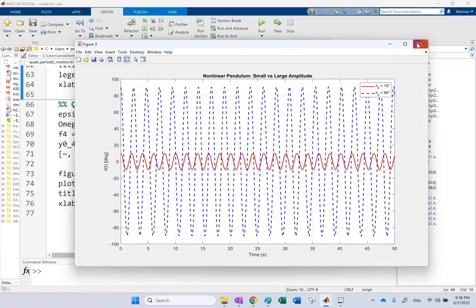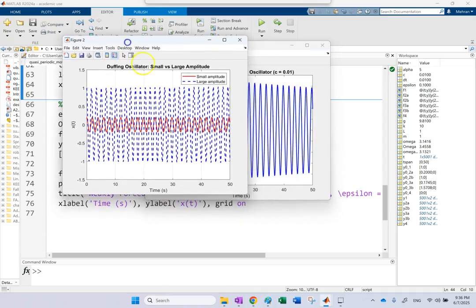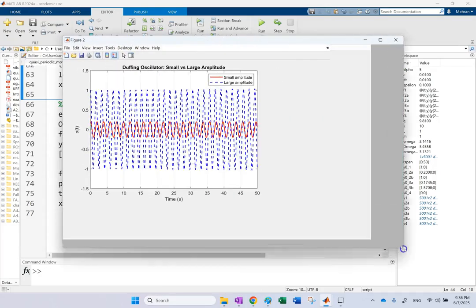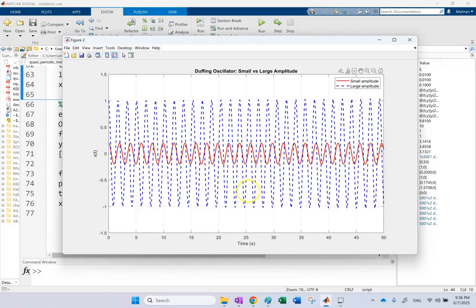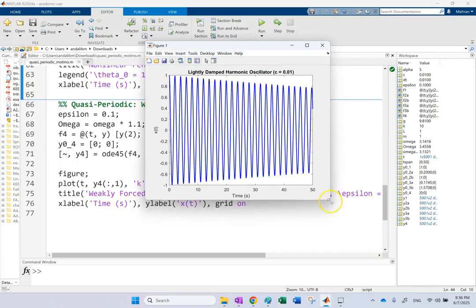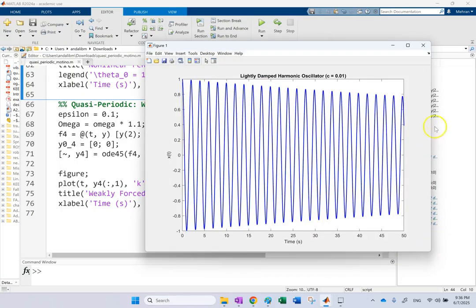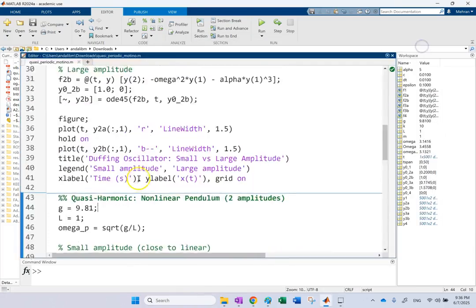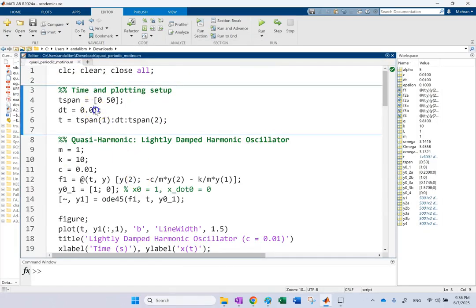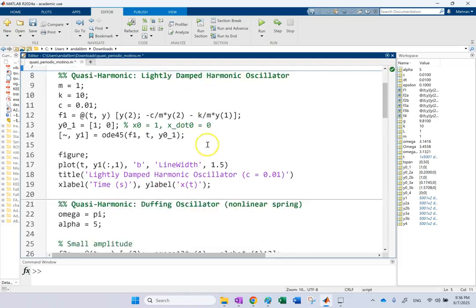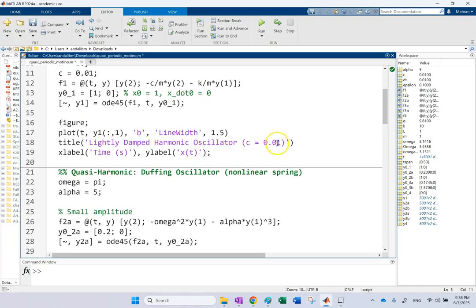Feel free to change those. This is the Duffing oscillator, again for a smaller and bigger amplitude, and you see the frequency shift in them. And then here is the linear system with small damping. And again, if you want to change that, you can make it even smaller. Okay, you can make it something like this, and then go here and change that.